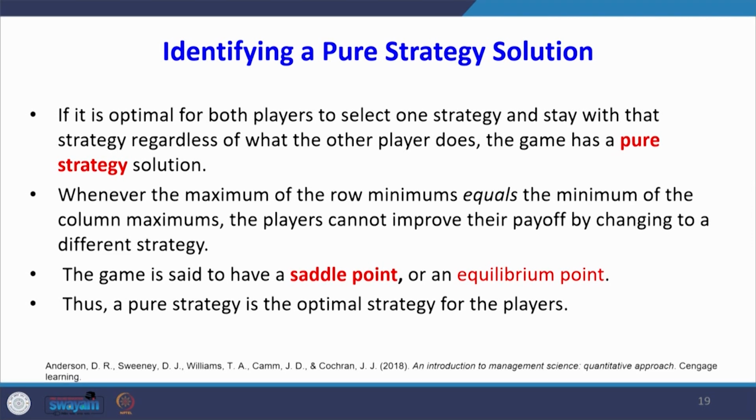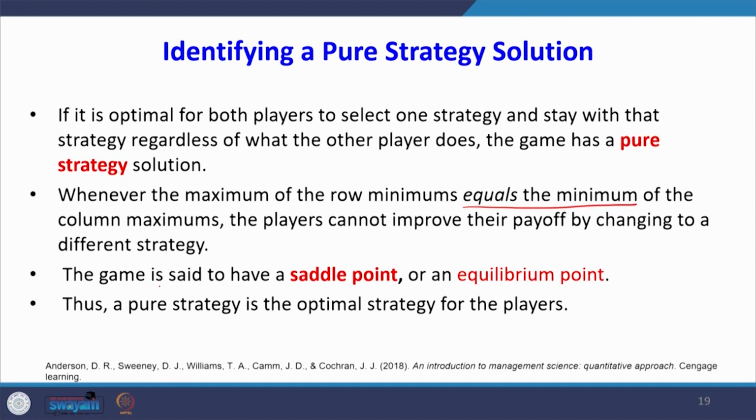Now, this is called identifying a pure strategy solution. If it is optimal for both players to select one strategy and stay with the strategy regardless of what the other player does, the game has a pure strategy solution. Whenever the maximum of row minimum is equal to the minimum of column maximum, the players cannot improve their payoff by changing to a different strategy.